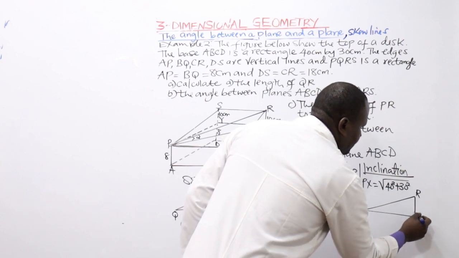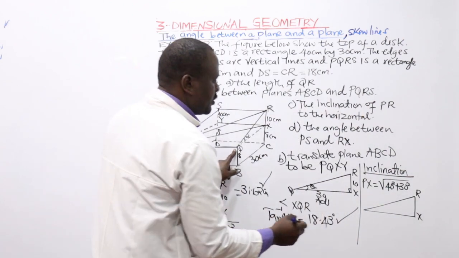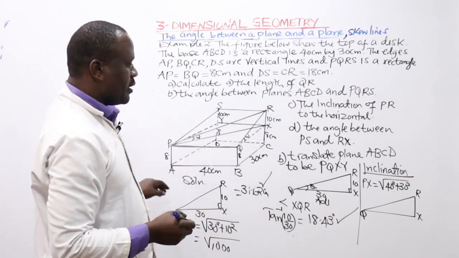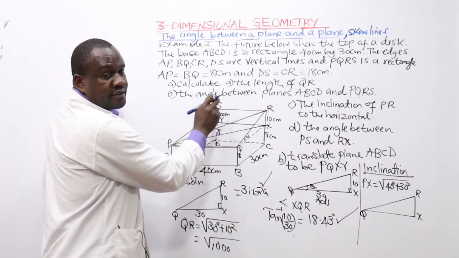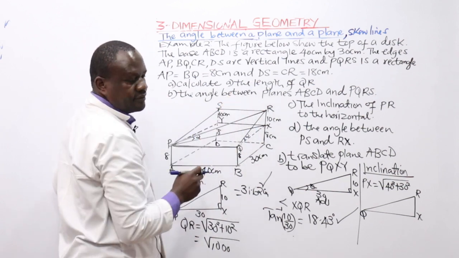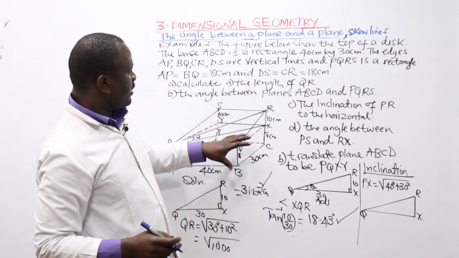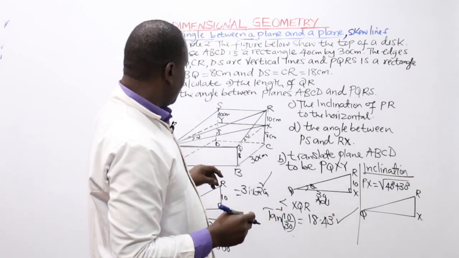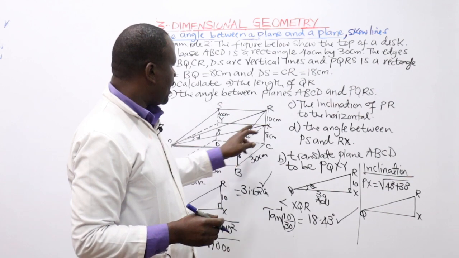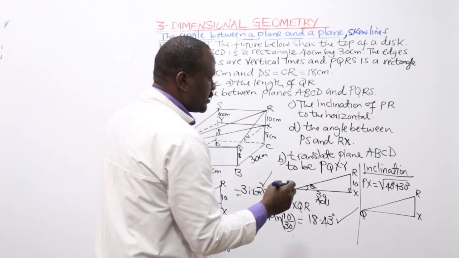The angle will be, this is RX and this is Q. Now QR was PS. PS has been translated to be QR. Why? Because they are parallel and equal. So what is the angle between QR and RX?